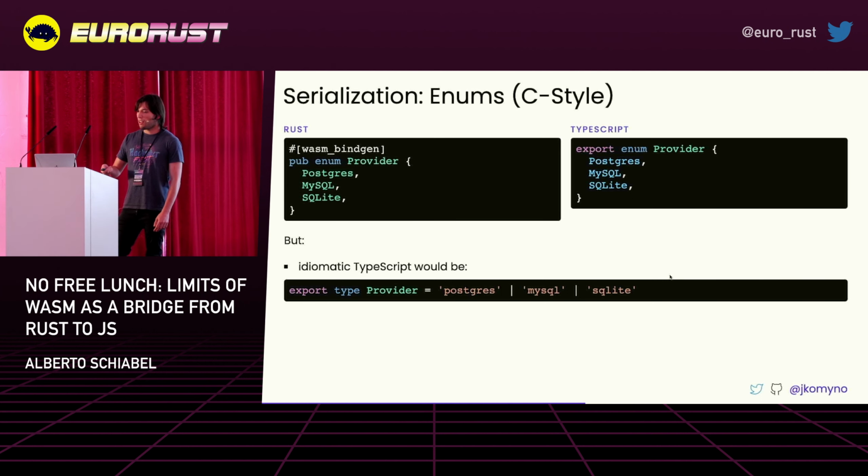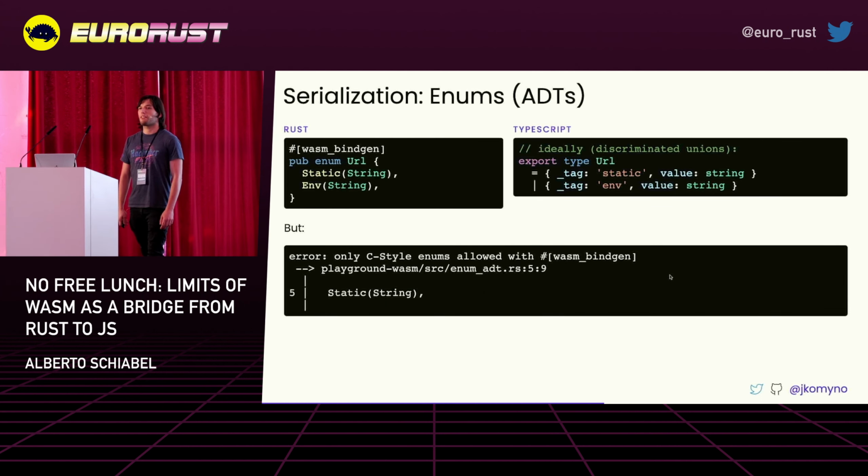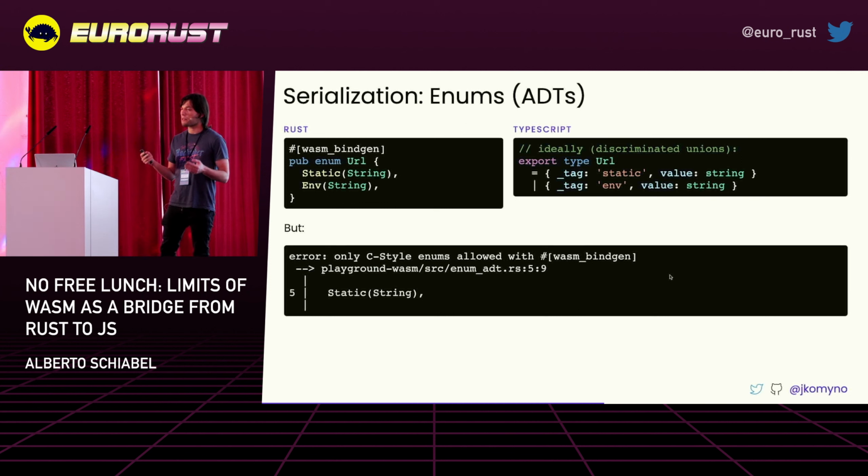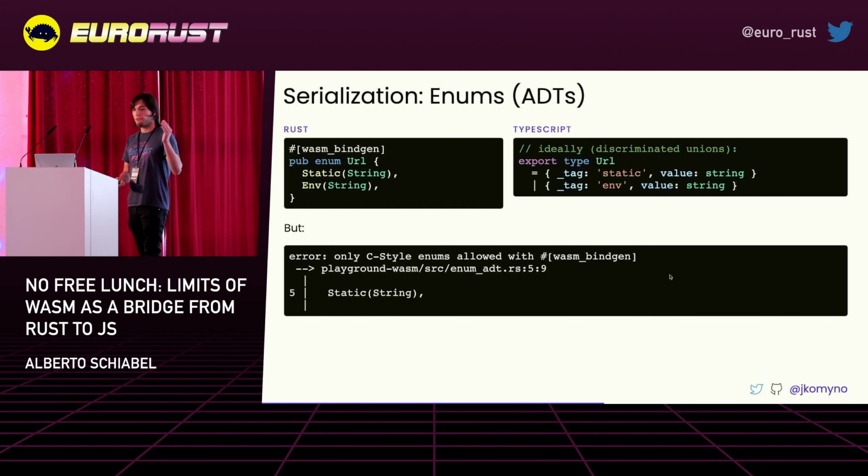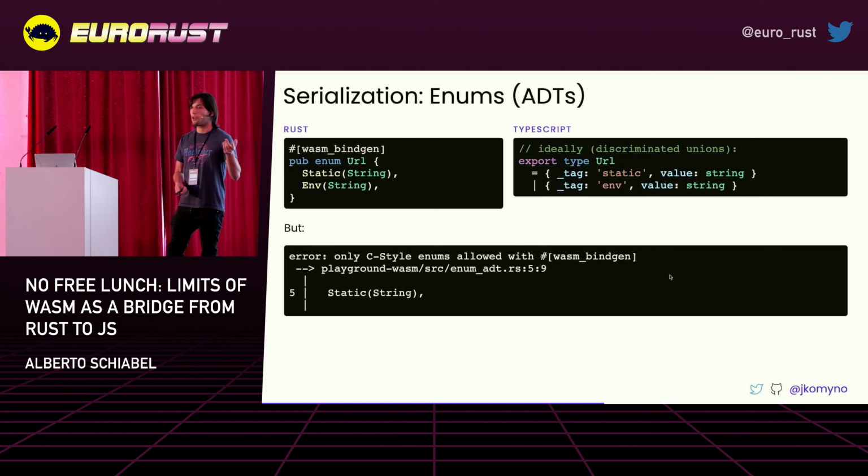Let's move on. Rust has this fantastic feature of algebraic data types, or enums, right? So we have a URL with constructors static and env. They both hold a string. This defines a URL value that you can either read from your environment variables or from just a static string definition.